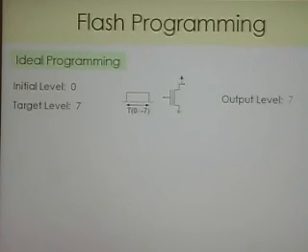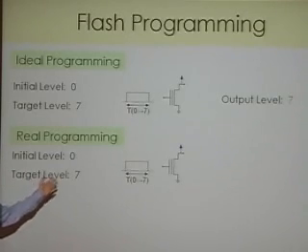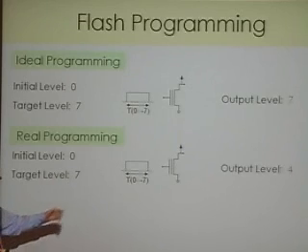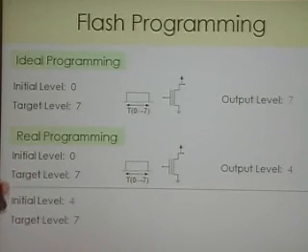But in practice, the ideal doesn't work, and that's a more realistic programming algorithm. So we start from 0, we want to get to 7. We apply a pulse that we thought about a lot. We design it carefully. However, in the output, we see a 4. What we do now, we read back the 4. Now we want to go from 4 to 7.